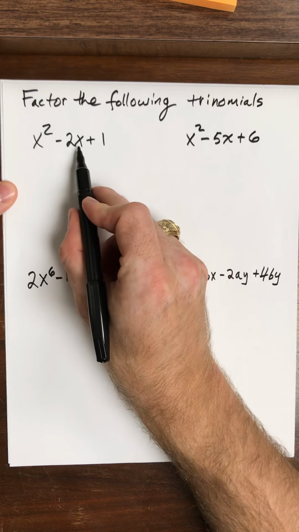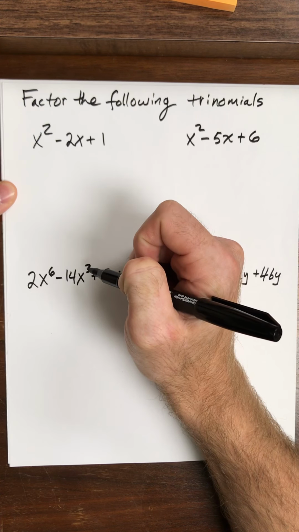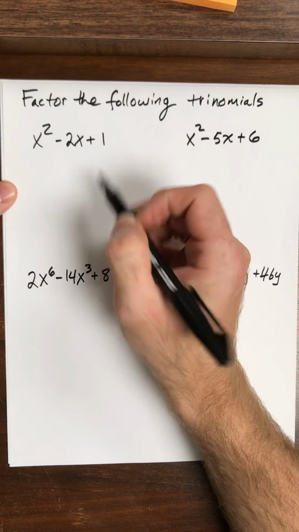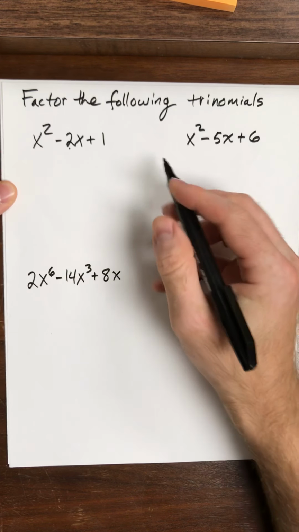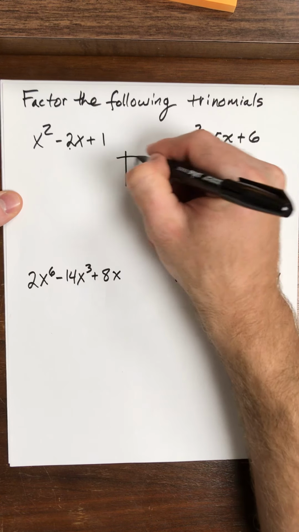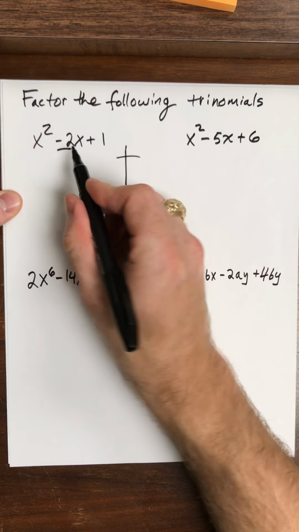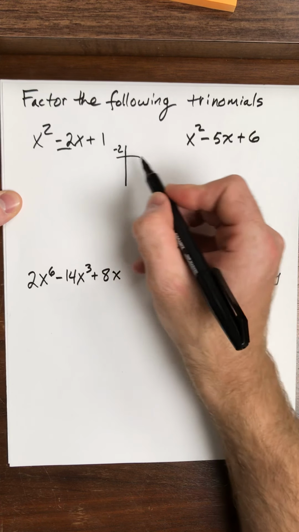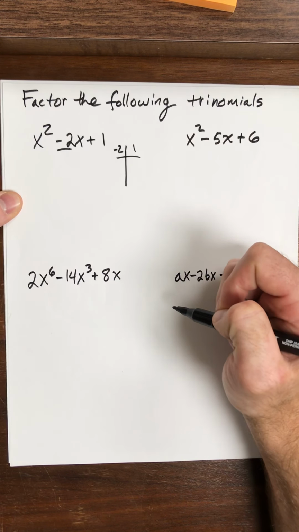So when I look at this, I want to break down all the possible things that I can multiply to get 1 and add to get -2. Okay, so when I look at this, I break this down. I do my little T chart, okay, for my trinomial. So I put my number here, the -2, and then my number here, that 1, all right?